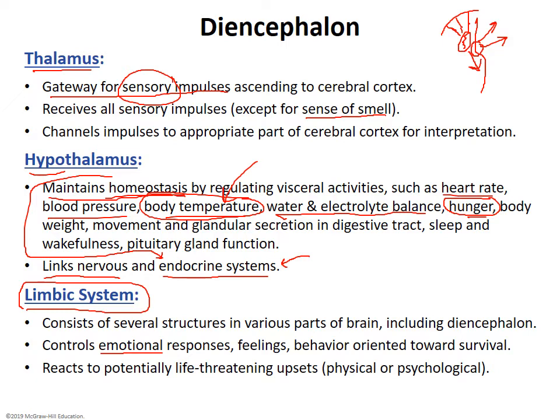Now, I'm big on trying to make sure we all know attitudes and emotions we can control. Here's the thing. This limbic system is going to be, and I'm going to use the word tentacles. It says several structures in various parts of the brain. It's basically got tentacles all throughout the brain.